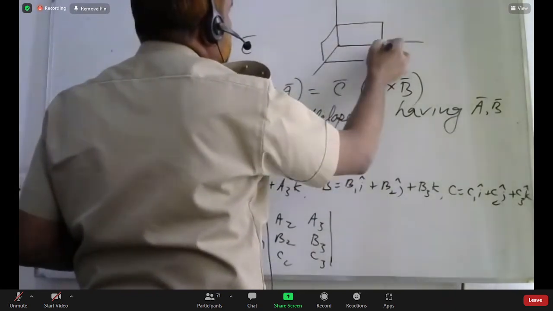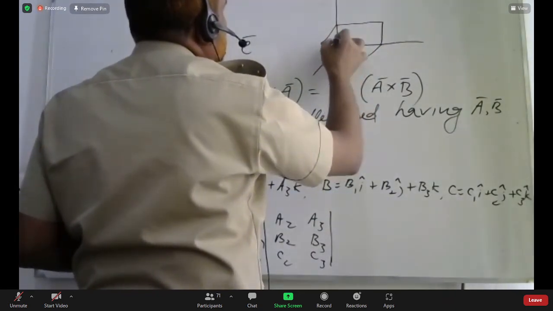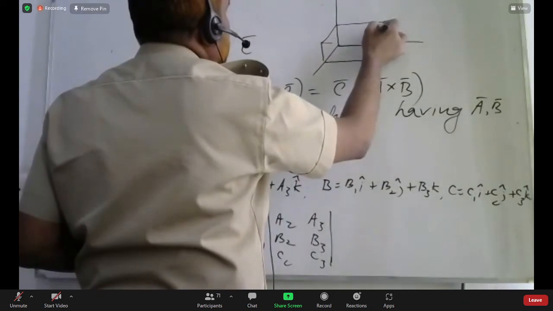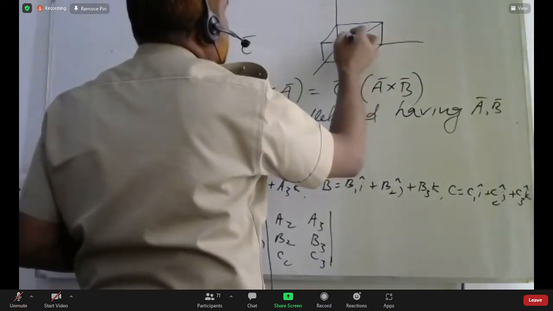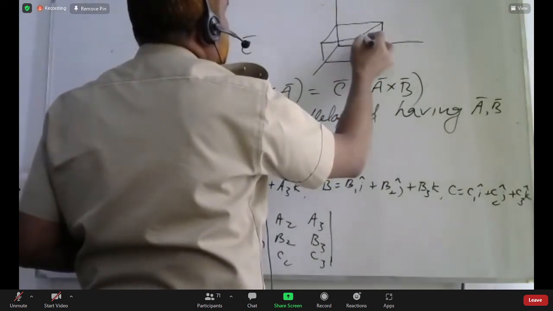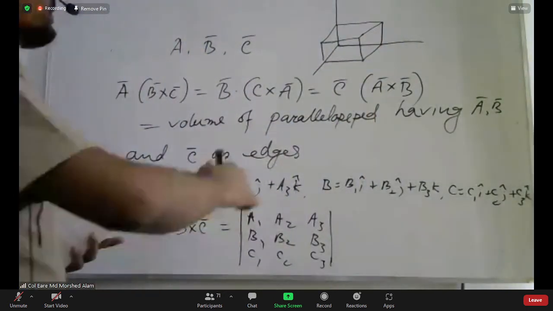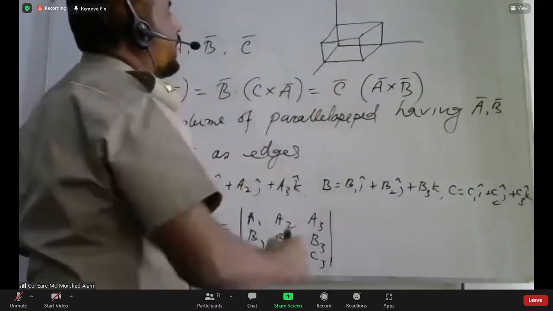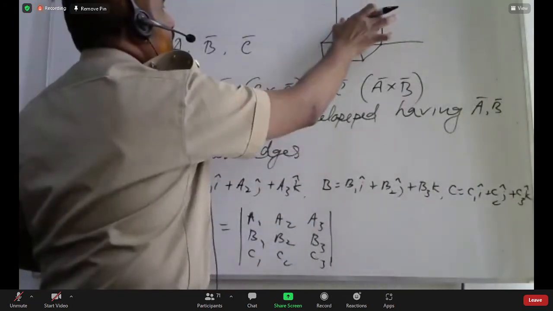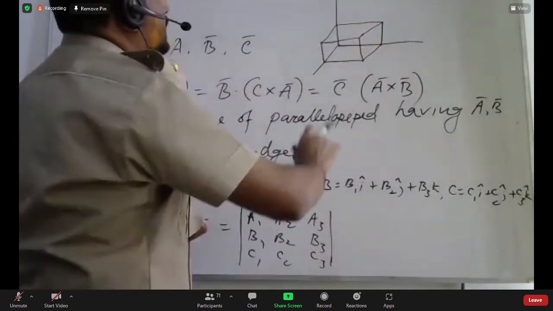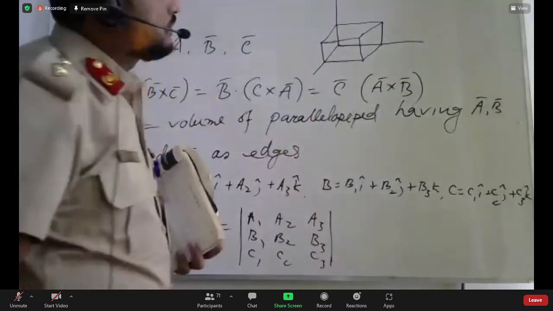Okay, like this. ঠিক আছে? এই এটা একটা parallelopiped, কারণ this side are not equal, but the opposite sides are equal. ঠিক আছে?